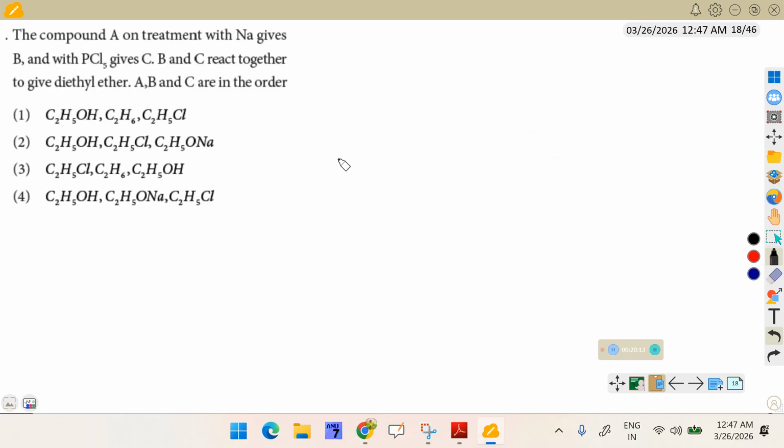Compound A on treatment with sodium. We know that alcohols easily react with sodium and give C2H5ONa, liberating H2 gas.